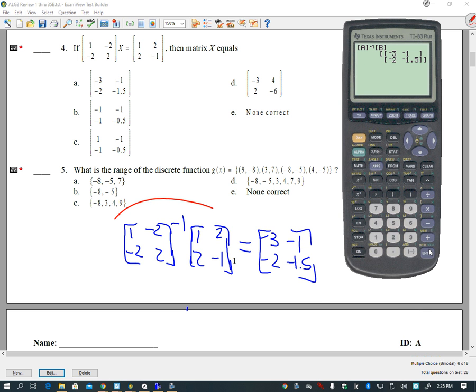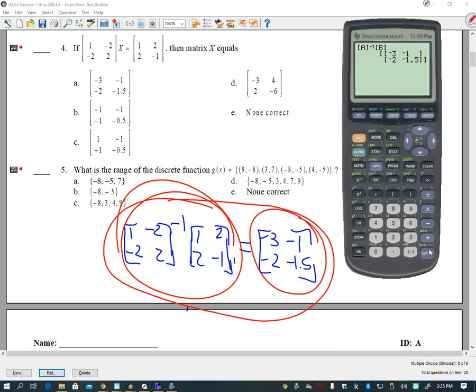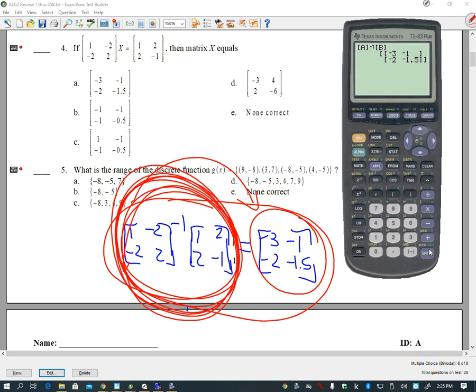This is what you're going to show me. You're going to probably get multiple choice options that look like this. I don't want just that. I want to see that you knew how to plug it in your calculator to get that. All right, that's not much.